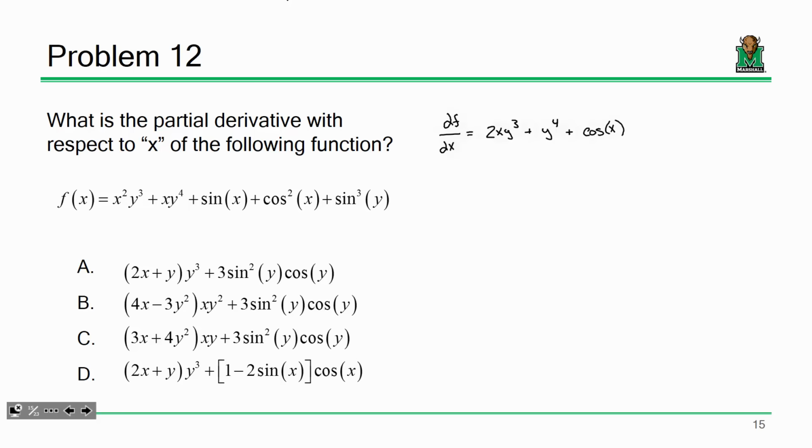All right, the derivative of cosine squared. This is a chain rule because it is the derivative of a pile of junk squared.